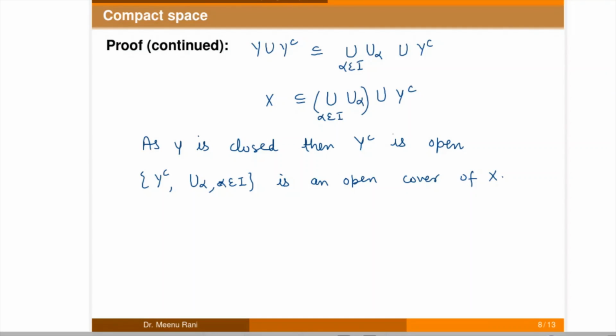And it is given that X is a compact space. So this open cover reduces to a finite subcover.